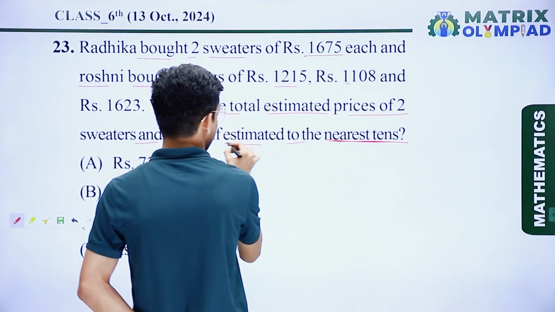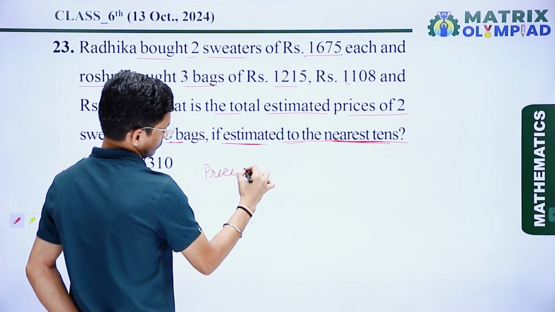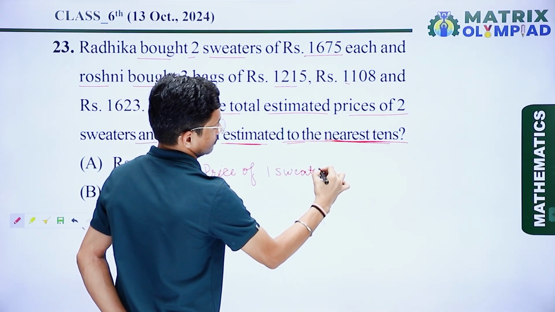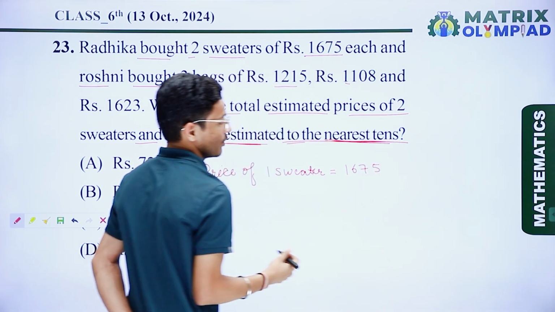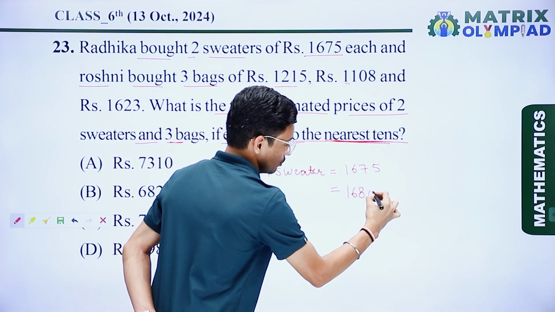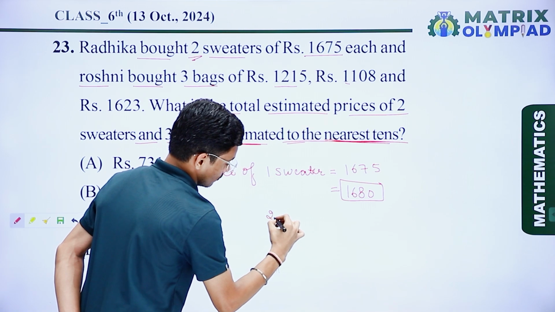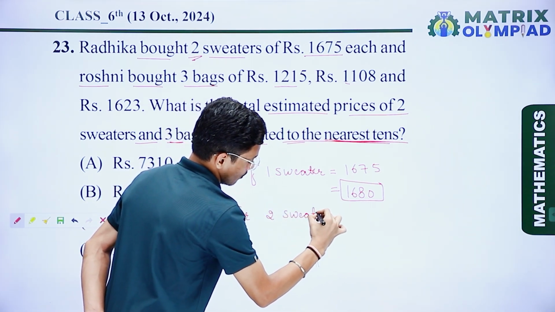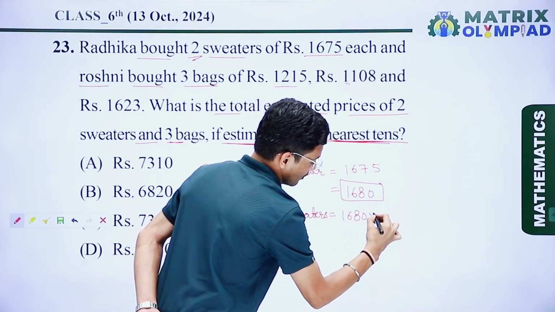The price of one sweater is 1675, and the nearest 10 is around 1680. So for 2 sweaters, the price is 1680 multiplied by 2.